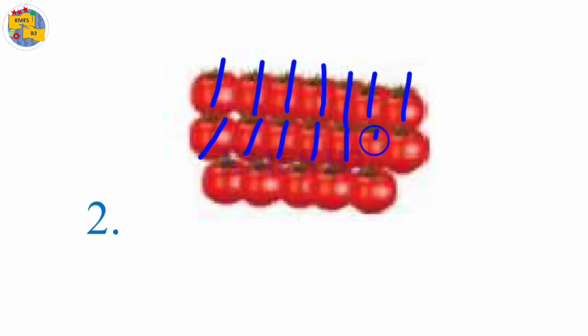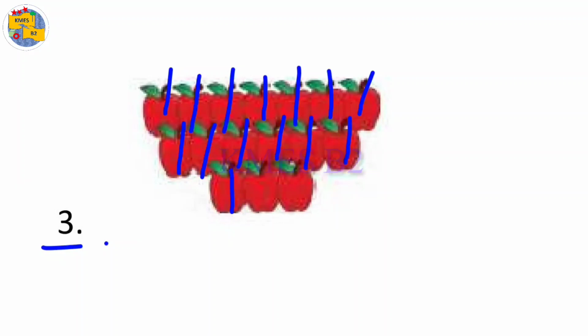1 2 3 4 5 6 7 8 9 10 11 12 13 14 15 16 17 18 19. 19 tomatoes. So we will write here number 19.